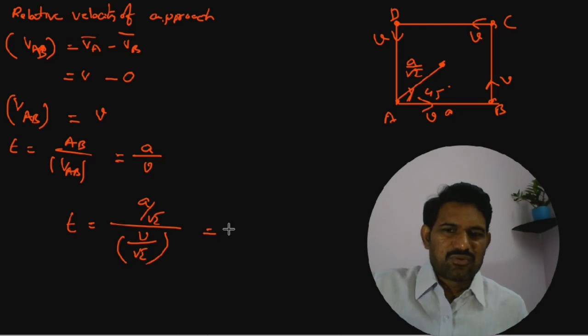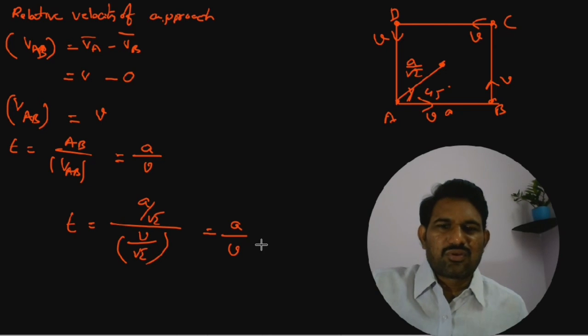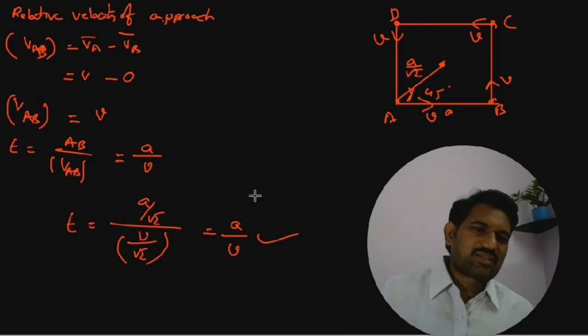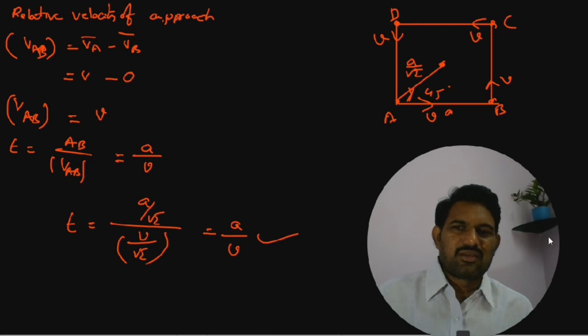Again you get A by V. So you can solve by either method, but prefer the relative velocity method.